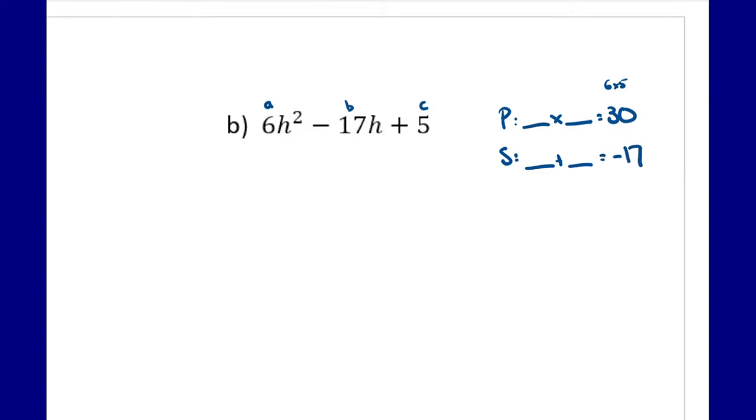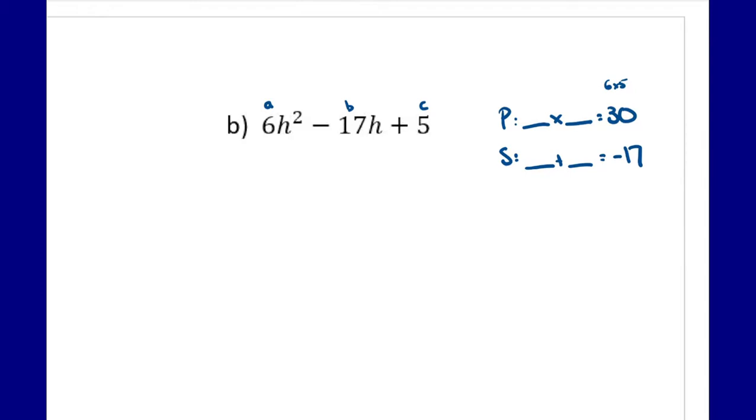So what two numbers multiply to 30 but add to negative 17? Because they multiply to a positive but add to a negative, chances are the numbers are both negative. So it might be helpful to find two numbers that multiply to 30 and add to 17, and then just change the signs to negatives.